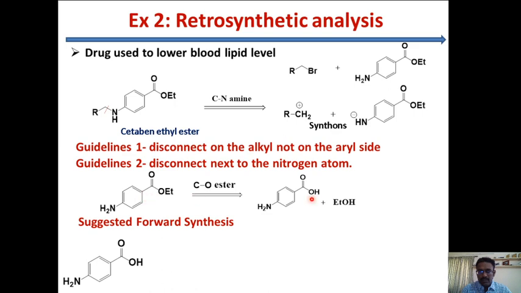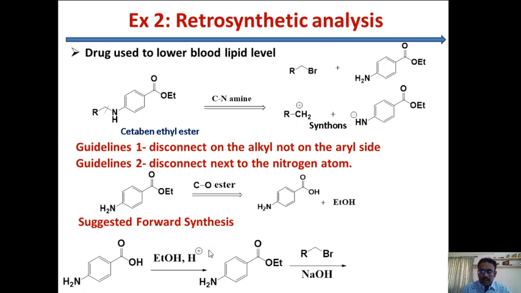That means in the forward reaction, first comes the esterification. Since in the retrosynthetic analysis this was the last step, the first step in the forward synthesis is the esterification of the acid. You take para-aminobenzoic acid and treat it with ethanol, and you will get the para-amino benzoic ethyl ester.